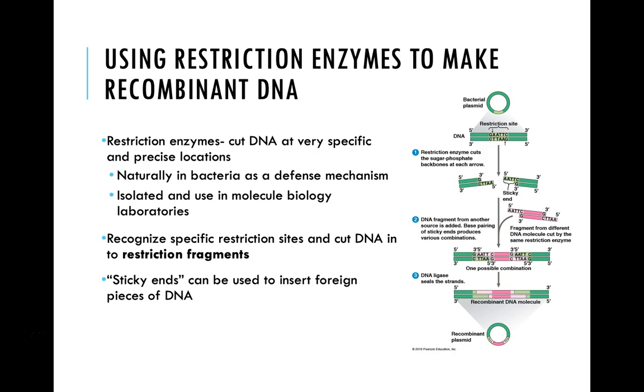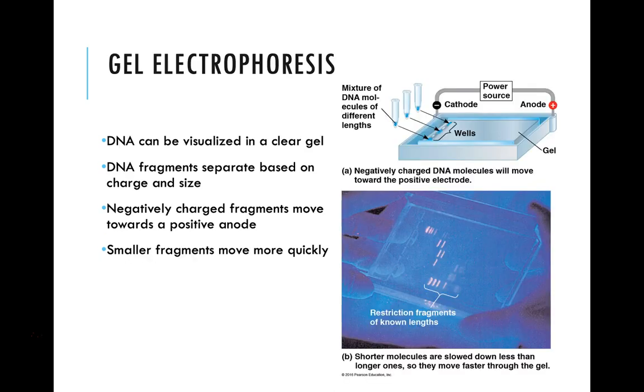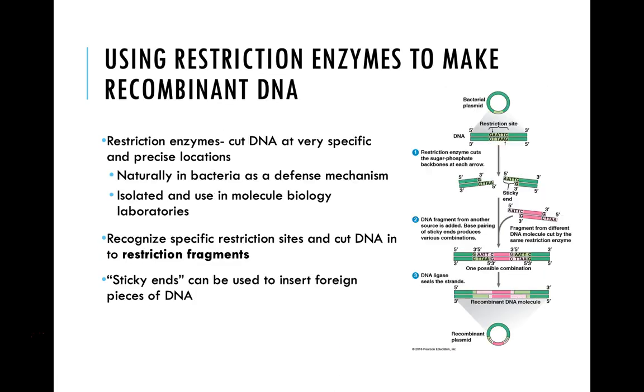You can insert that gene into a plasmid, and then you can make your bacteria grow. It's really cool. That's one of the labs that we do in genetics and in Biology 101. But anyway, we now have a molecule that is made up of both bacterial DNA and the DNA from another organism.